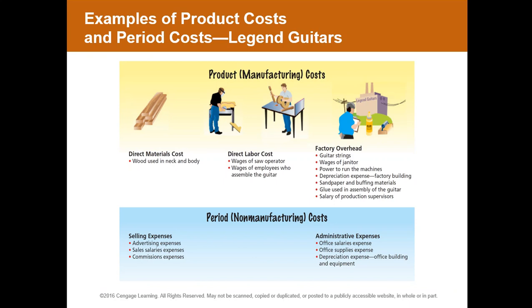Note there's depreciation on the factory, which is factory overhead, and then depreciation for the administrative side of things, and that is going to be your period costs. So keep that separate.